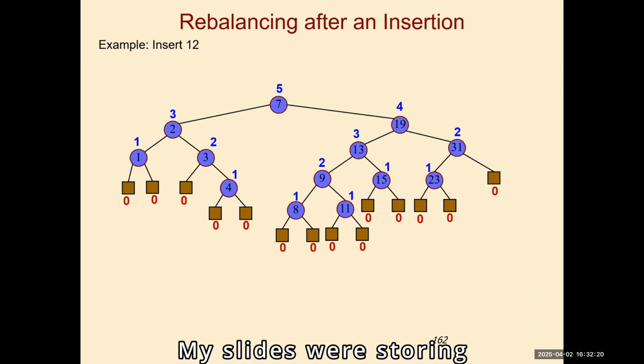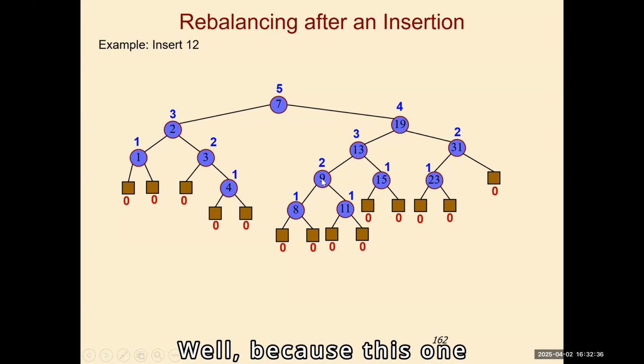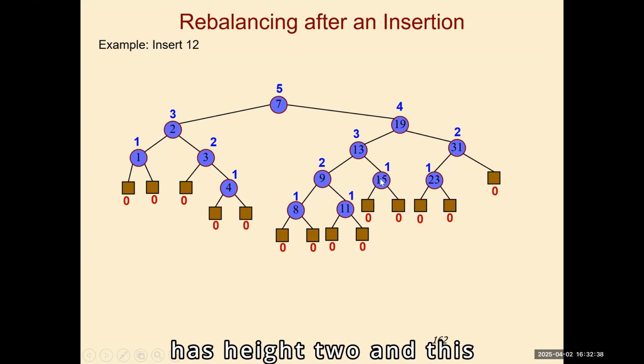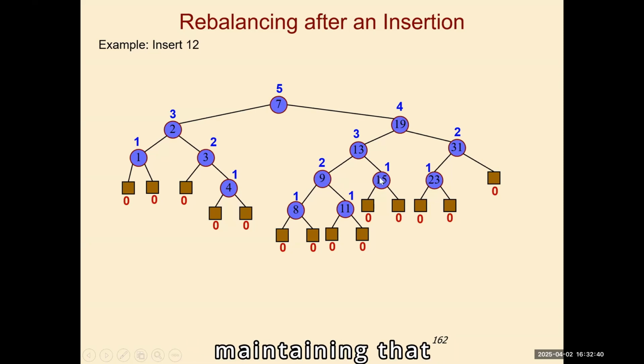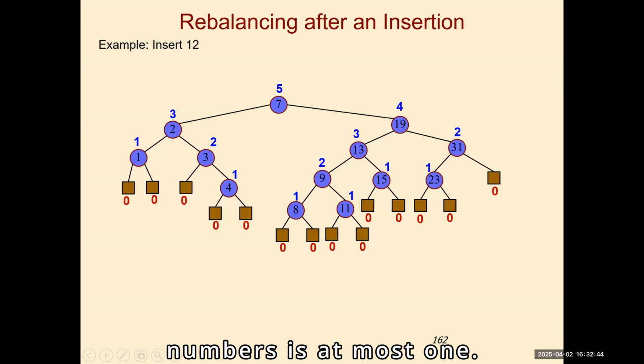My slides were storing +1, -1, and these ones are storing the heights. So you can see node 13 has height 3. And why do we know it's happy? Because this one has height 2 and this one has height 1, and we're maintaining that the difference between those numbers is at most 1.